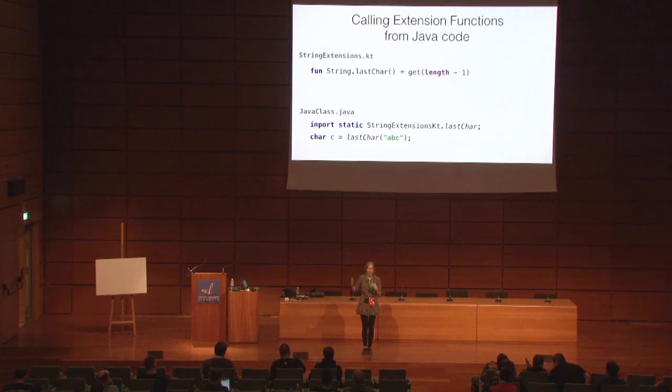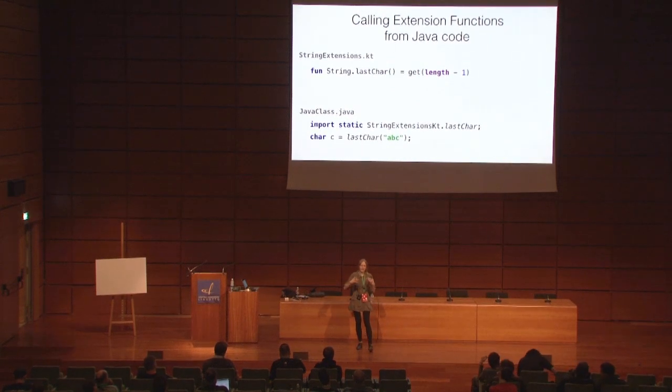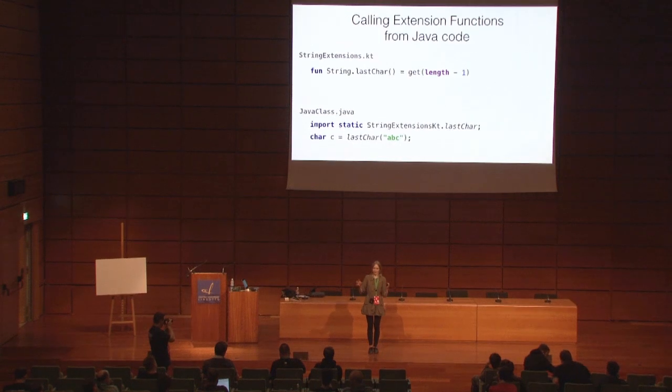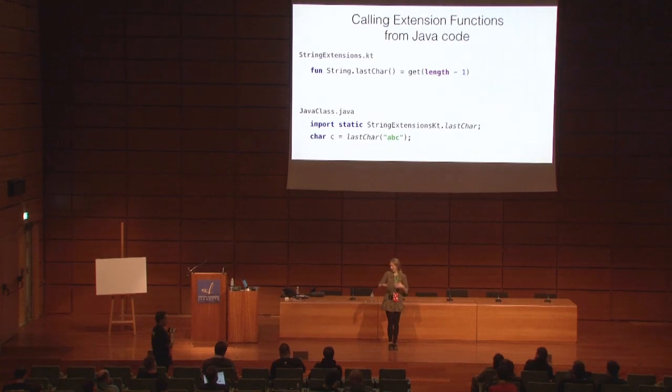You can't call members of the class from a static function in Java. You can call private members of the class only inside this class. So that means Kotlin does not provide you a tool to change the class in any way. No, we can't change the Java standard library, the Java standard string class. But we can provide you a nice tool to use it in a nicer manner.